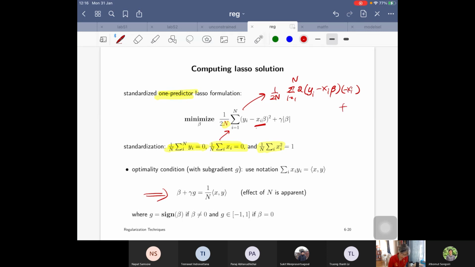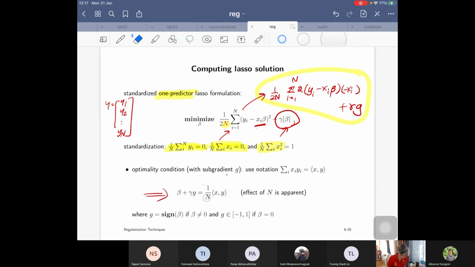For the other term, I know it is non-differentiable, so I use the subgradient of the absolute value function. With this notation, I can simplify all of them. On the right-hand side, I represent it as 1 over n times the inner product between x and y, where y is y1, y2, up to yn, the samples.